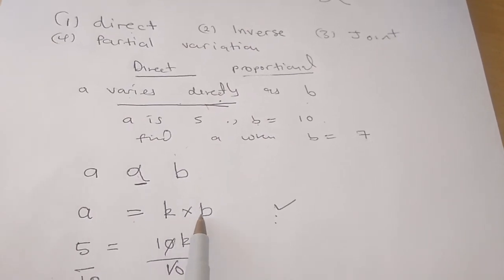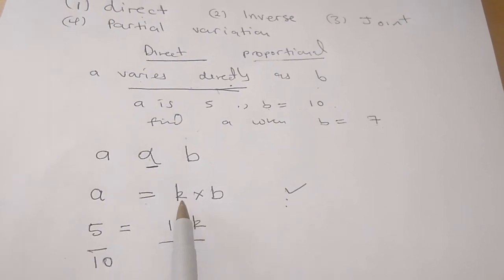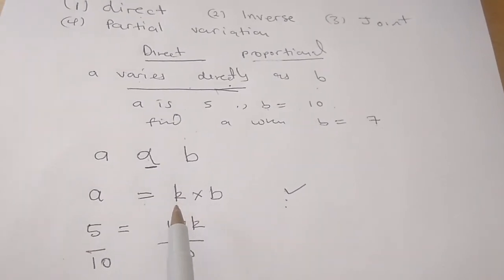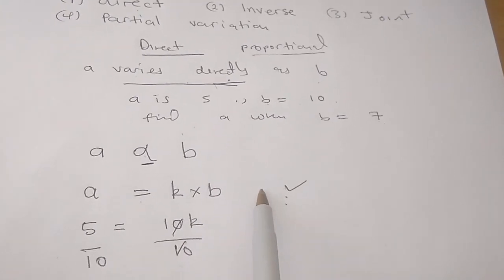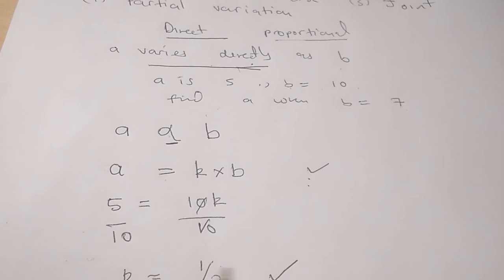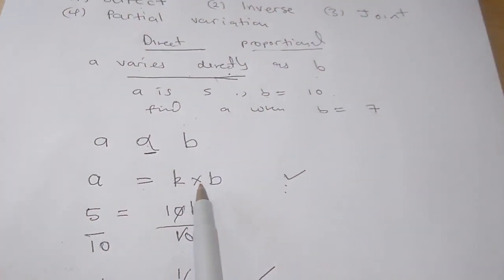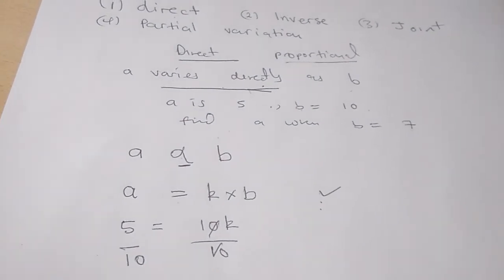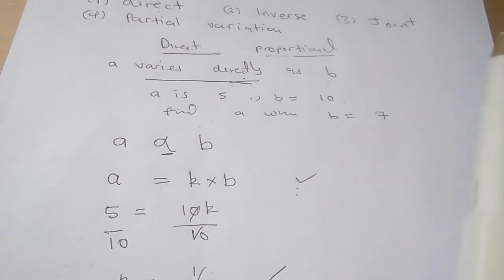So I'm now multiplying B with K. After that, I then have the equation. So you get a mark for that. That's why I ticked here. Now I'm substituting in order to find K. That's your first step. You must find the value of K before you do any other calculations.